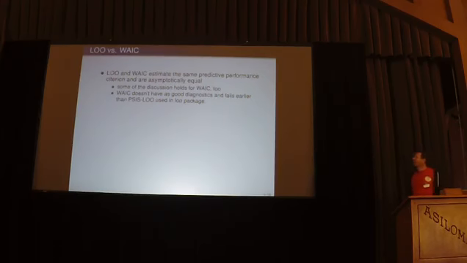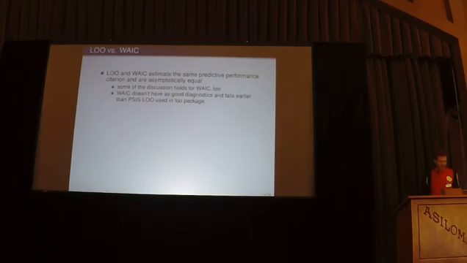And then just one slide about information criteria. WAIC is asymptotically equal to Bayesian leave-one-out. So some of the discussion holds for WAIC too, but it doesn't have as good diagnostics and fails earlier than the Pareto-smoothed importance sampling LOO used in the loo package.